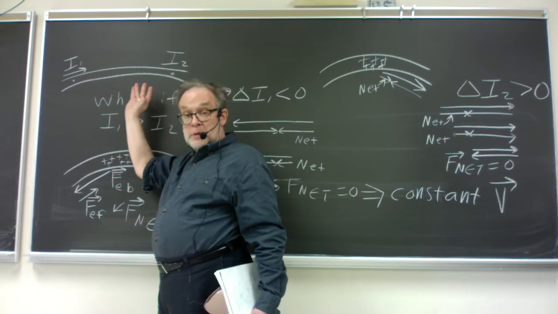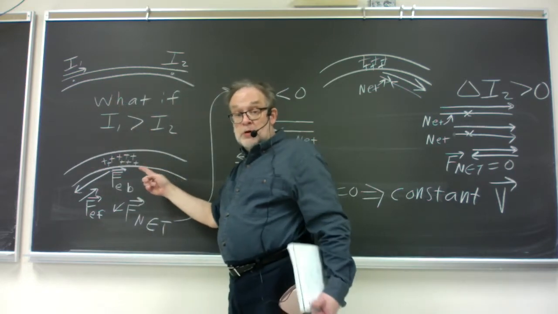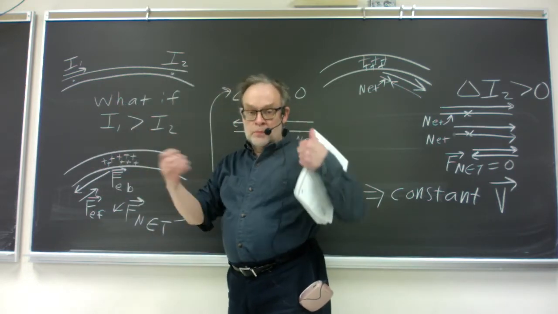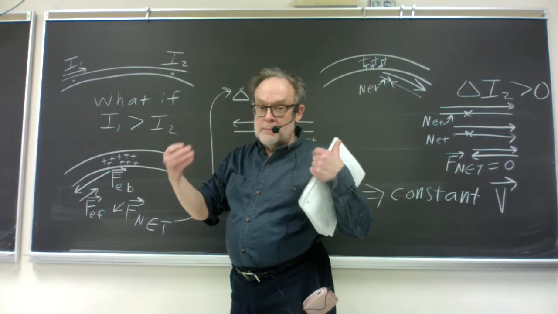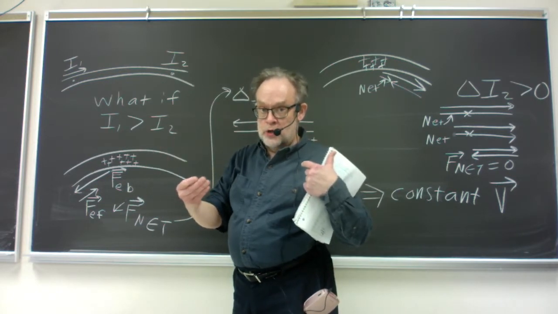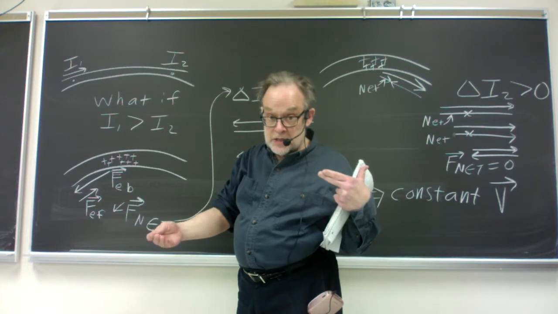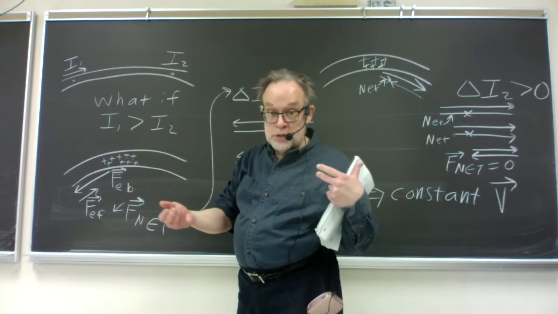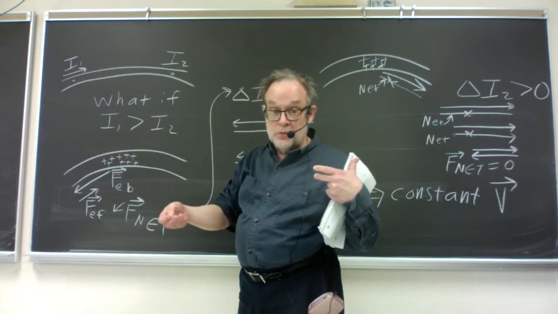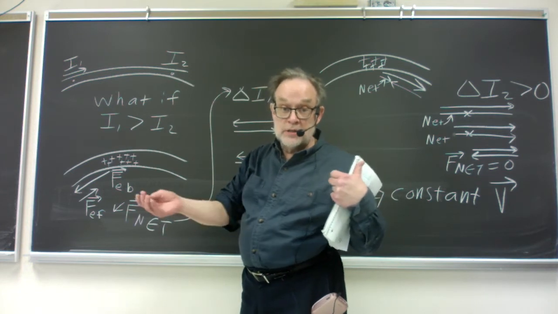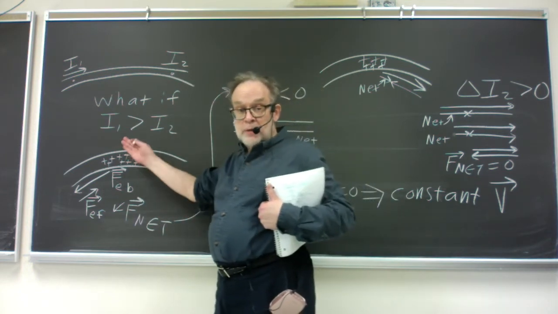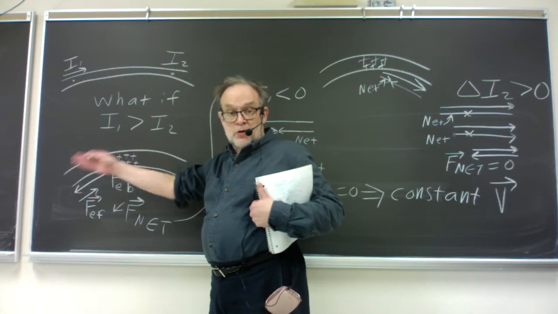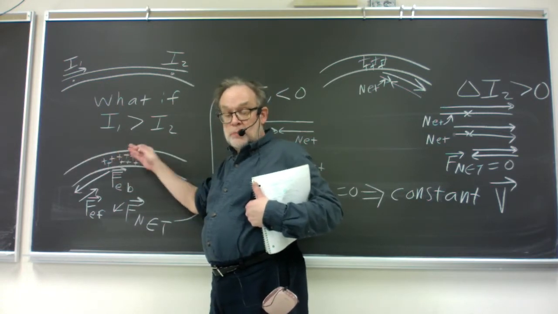Charge piles up here, and that's what I've drawn down here. Ordinarily we always imagine current as the flow of positive charge, even though in most everyday situations current is made up of negatively charged electrons that are moving. Anyway, because I1 is bigger and I2 is smaller, charge piles up here.